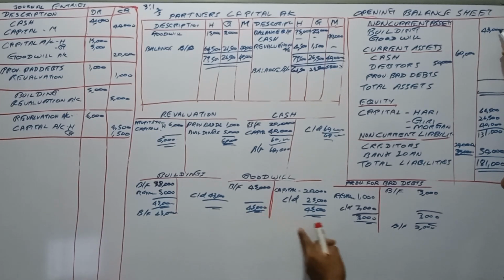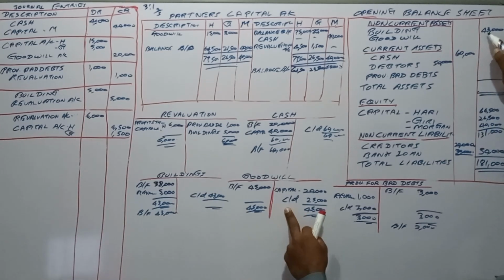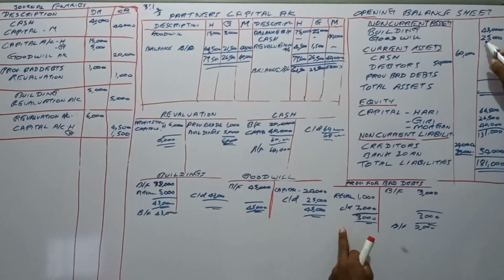And goodwill is the carried down value 25,000. Then this is 68,000.